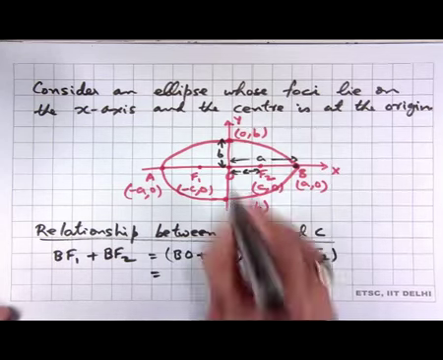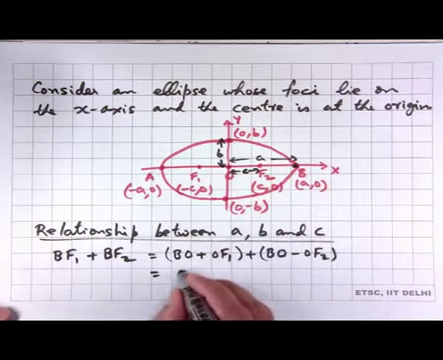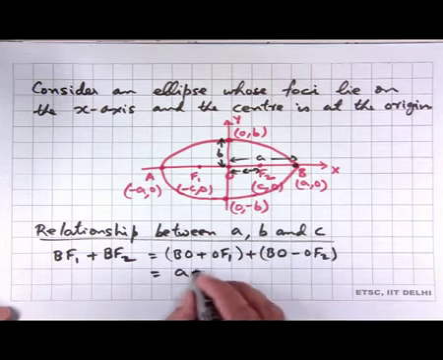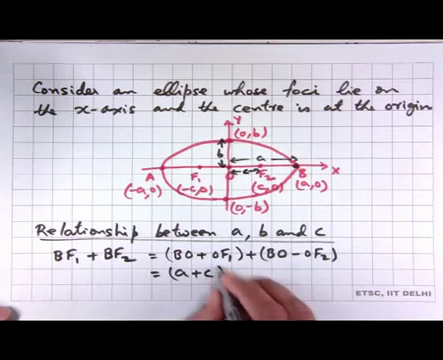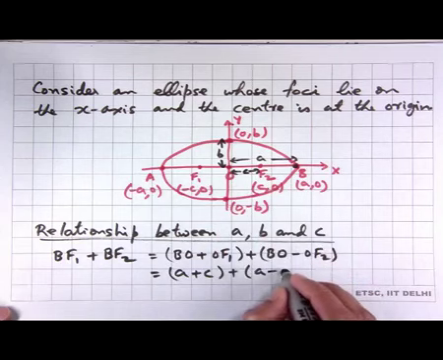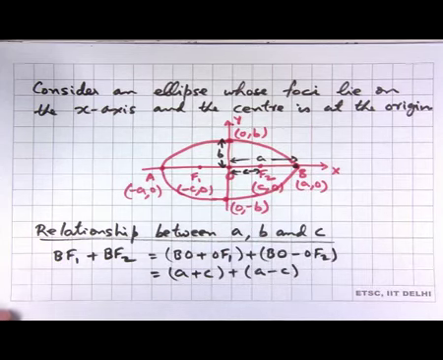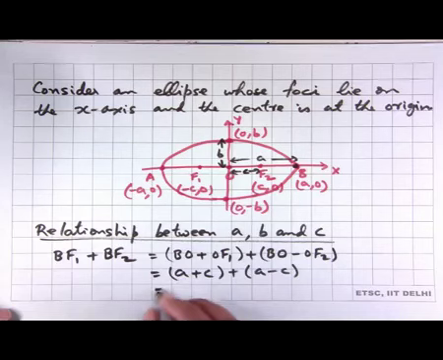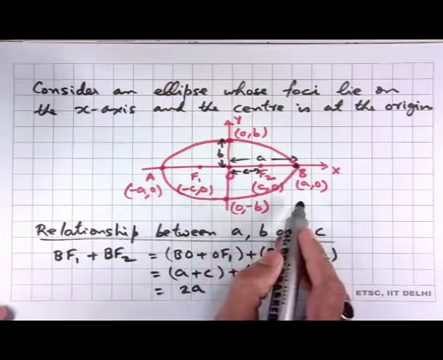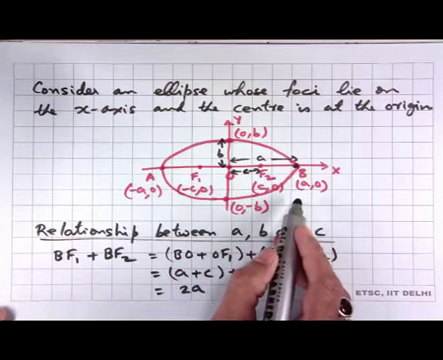Now, what is the distance of B to O? This is a, and O to F1 is c. So, a plus c, and BO is again a, OF2 is c, so a minus c. So, c cancels and this is equal to 2a. So, BF1 plus BF2 is equal to 2a.